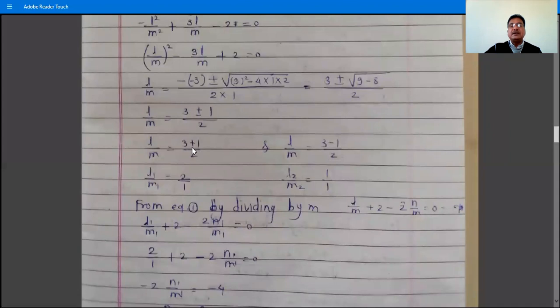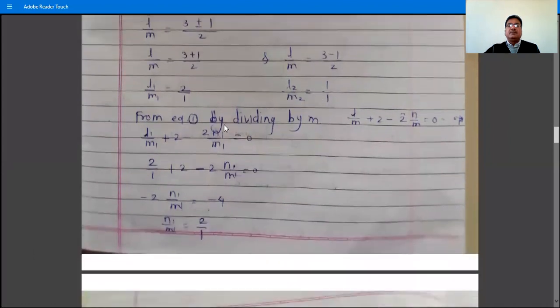Taking the plus sign, 3 plus 1 is 4 by 2, which means 2. And the other root is 3 minus 1, that is 2 by 2, which is 1. So we have the 2 values of l by m: one value is 2 and another is 1. So we write l1 by m1 as 2 and l2 by m2 as 1.